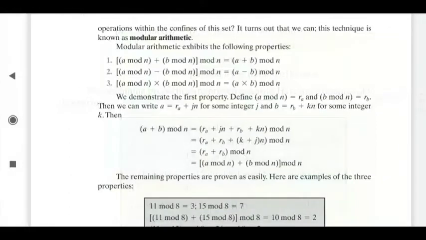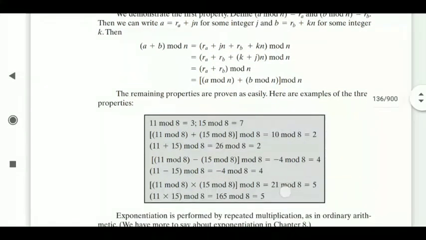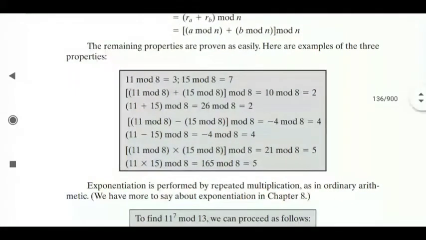Some properties of modular arithmetic are: (a mod n) plus (b mod n) equals (a plus b) mod n; (a mod n) minus (b mod n) equals (a minus b) mod n; also (a mod n) times (b mod n) equals (a times b) mod n. Here is one example: 11 mod 8 equals 3 and 15 mod 8 equals 7. Then 11 mod 8 plus 15 mod 8 equals 10 mod 8, which equals 2.